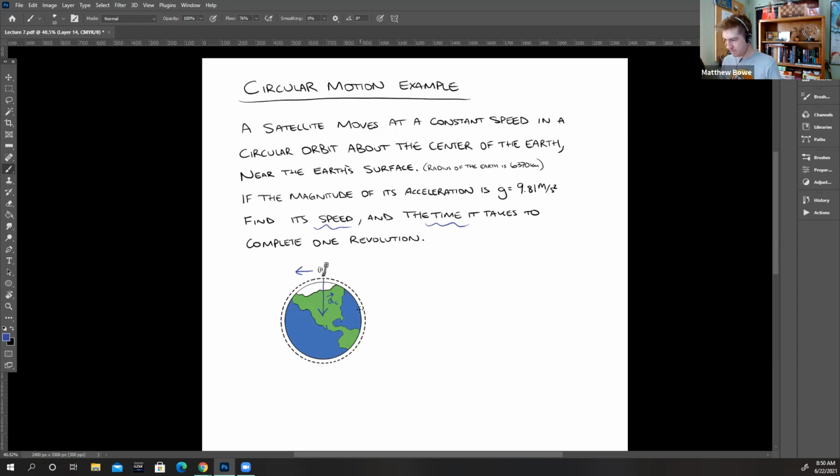Like that. The equation for centripetal acceleration was this. And we also are given that the magnitude of its acceleration is just gravity, the acceleration of gravity. So what I've just underlined is saying that this centripetal acceleration is the same as g.